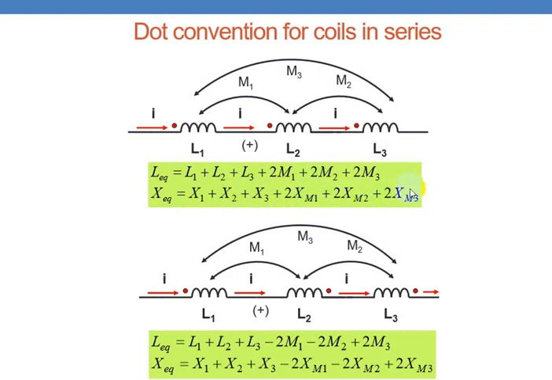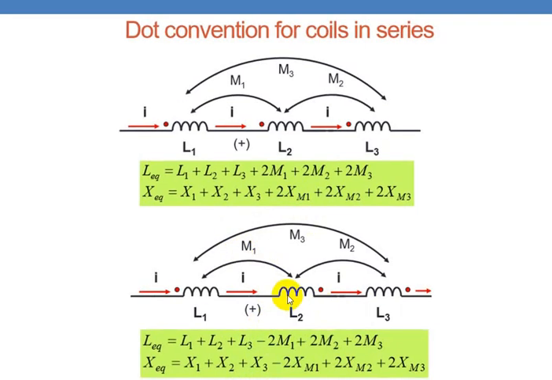XM3 is nothing but the reactance of M3. So, another example slightly different from this. In this case, current I is entering into the dotted terminal of the first coil, whereas in the second and third coil current is leaving from the dotted terminal.